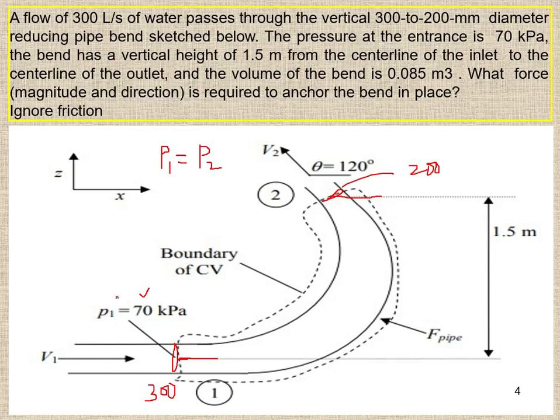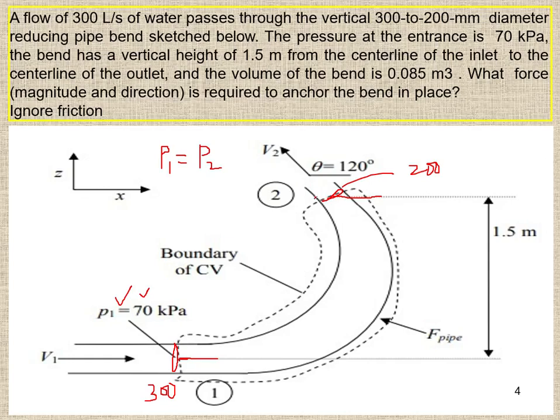At cross section 1 we know the pressure, and the area is not known, but the diameters of cross section 1 and cross section 2 are given, and also the angle of the bend is given. So what information is missing that we have to find out? The missing information is the velocity V1, the velocity V2, and the pressure at point 2.